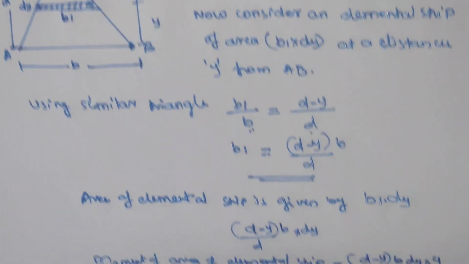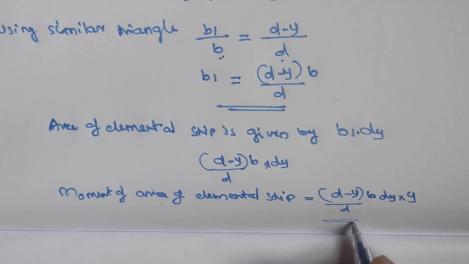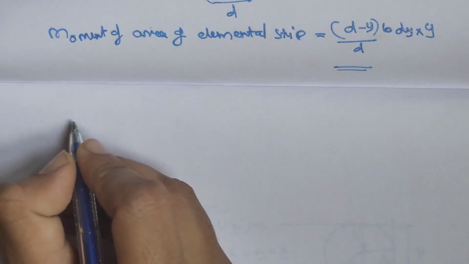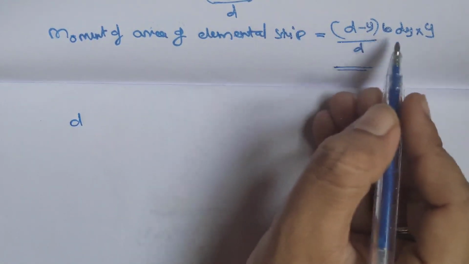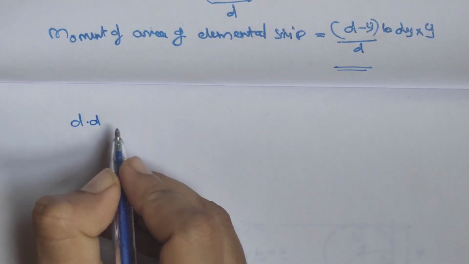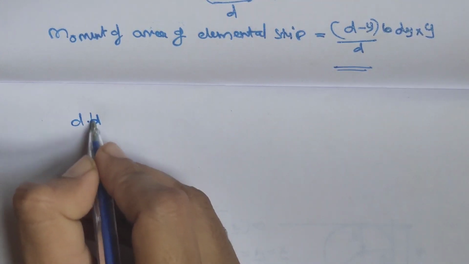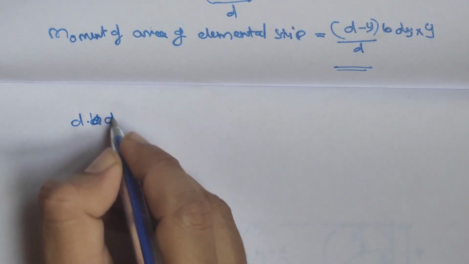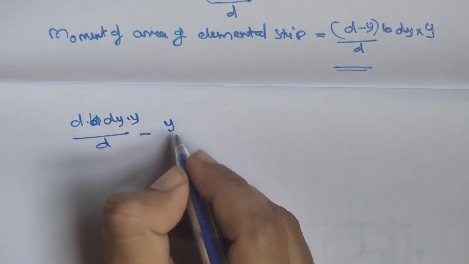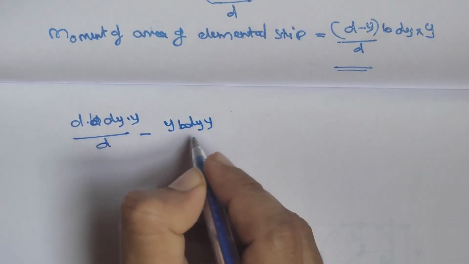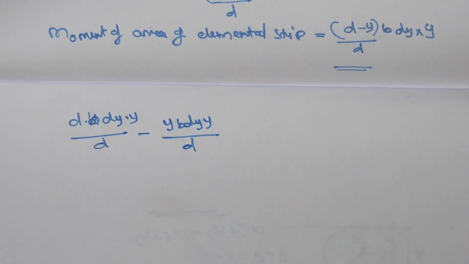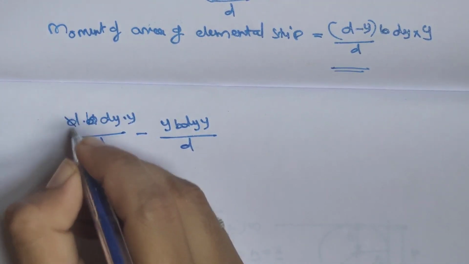So we got this. Now let us elaborate this equation. So we will get (D minus y) by D, multiplied by B dy into y. Here D is common, so we can cut it.